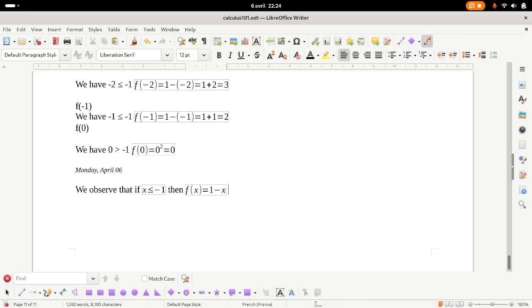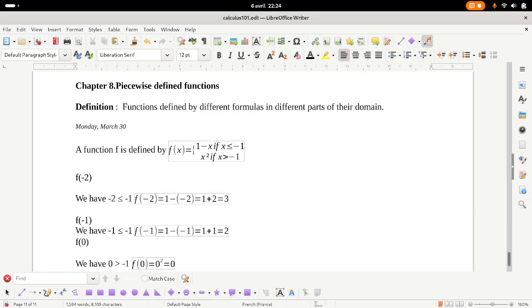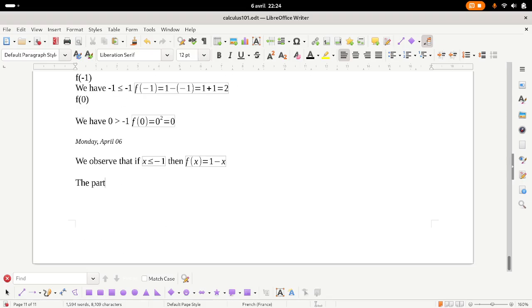so we can say that we have a piecewise function and two different formulas, which means we will have two graphs. First part, the part of the graph that lies... we have two parts.